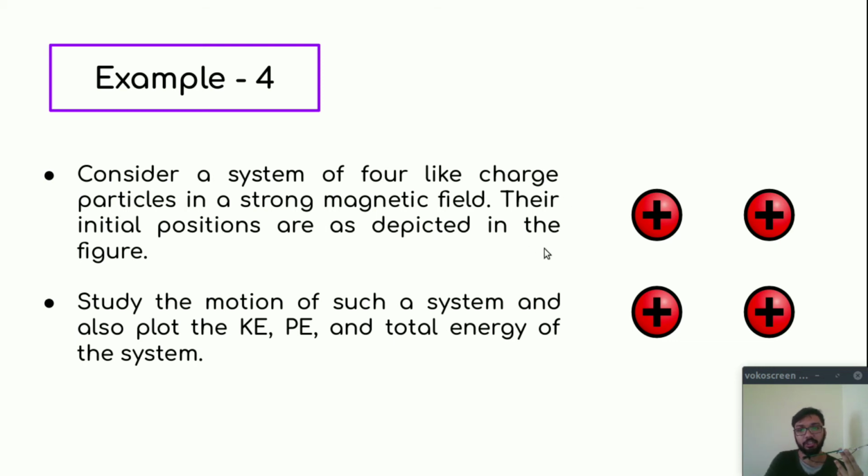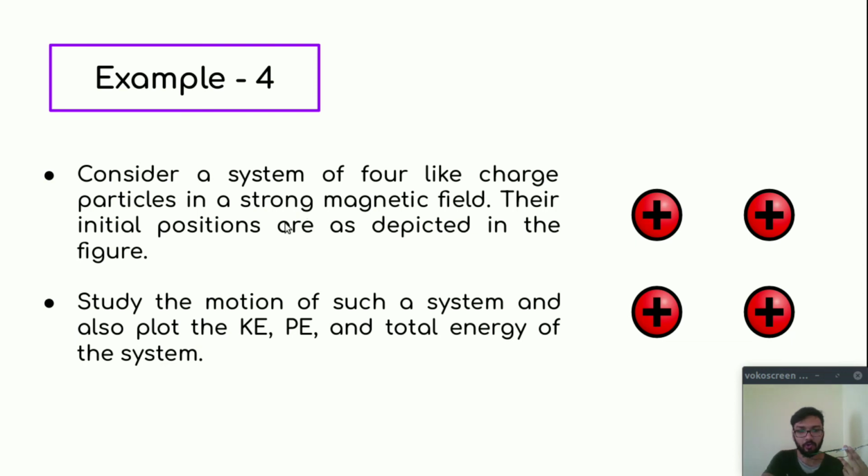Their initial position and velocities are as depicted in this image, and we want to study the motion of such a system by plotting all kinds of energy. And with this example, we will see how this magnetic force tries to bound the system very strongly, as the magnetic field is very strong.